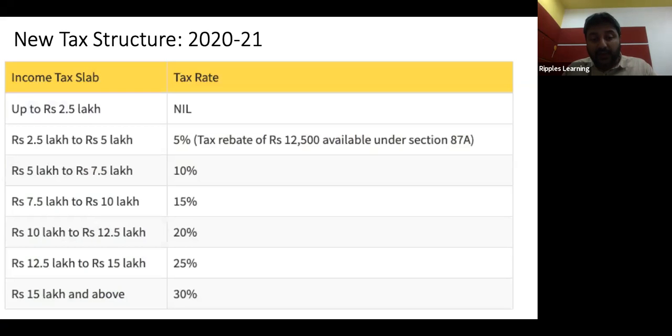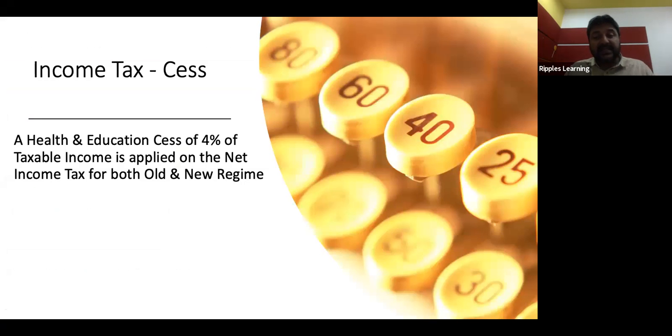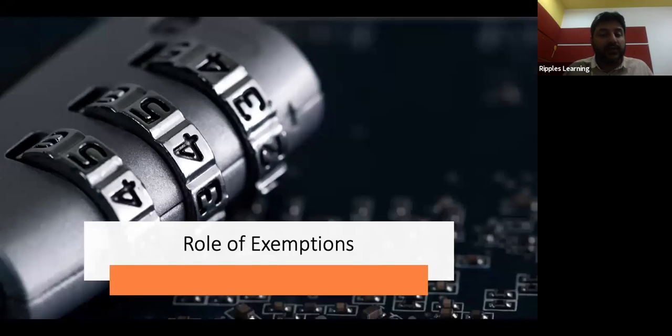And if you look at the new tax regime, you feel that the tax slabs are more and you are paying lower taxes. But there is a catch, and that catch is understanding the exemptions and their applicability on the old regime as well as the new regime.